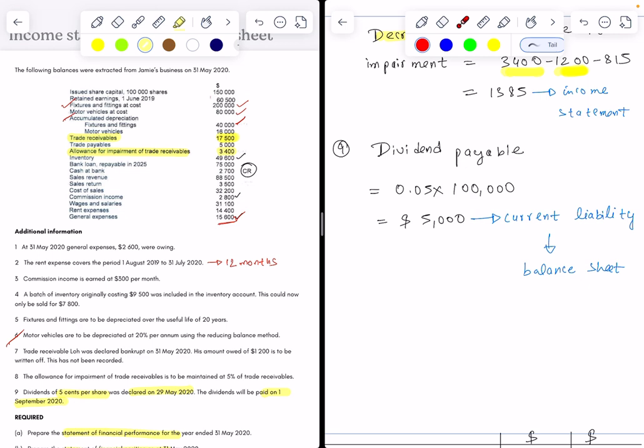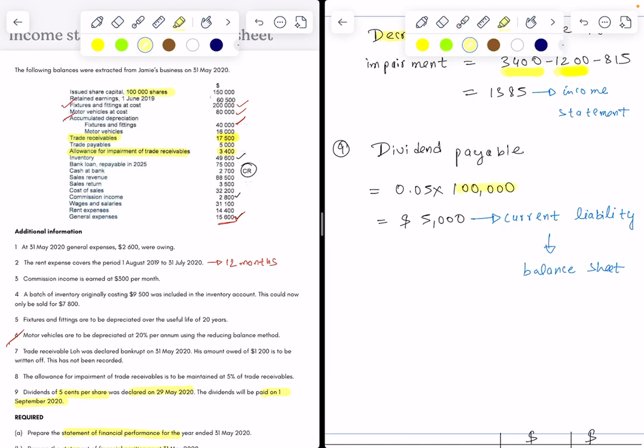Now, what's the amount of dividend? We know we are paying a dividend of 5 cents per share, which when represented in dollar terms can be shown as 0.05. All right? Because 5 cents is basically 5 divided by 100, which is $0.05. And it's 5 cents per share. If you check the question carefully, at the very beginning, you will see issued share capital of 100,000 shares.